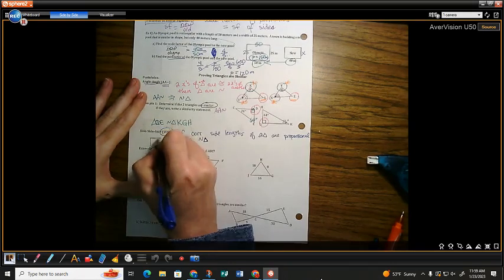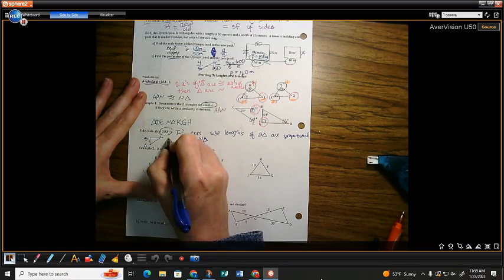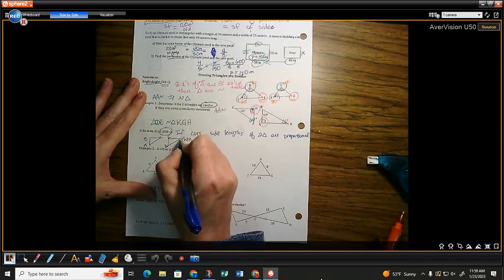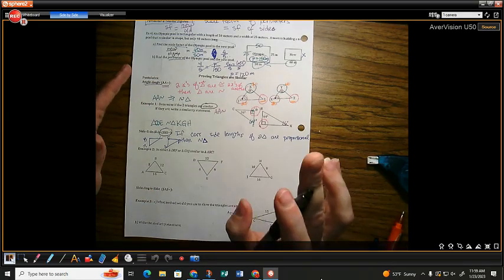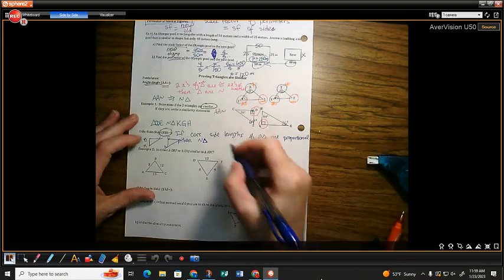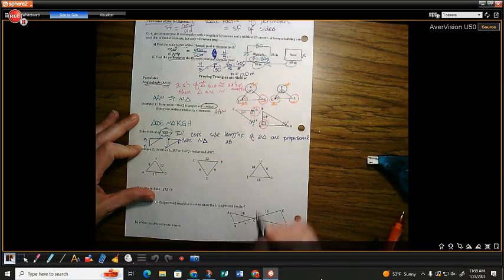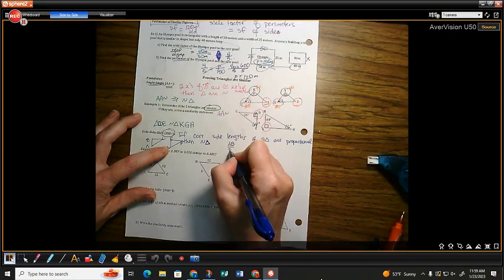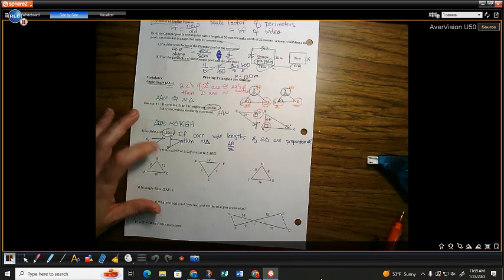So if I have triangle ABC, and then I have triangle DEF, then the proportions have to match up. What side do you think matches up with AB? DE. So let's say those are the corresponding sides, and I put AB over DE.